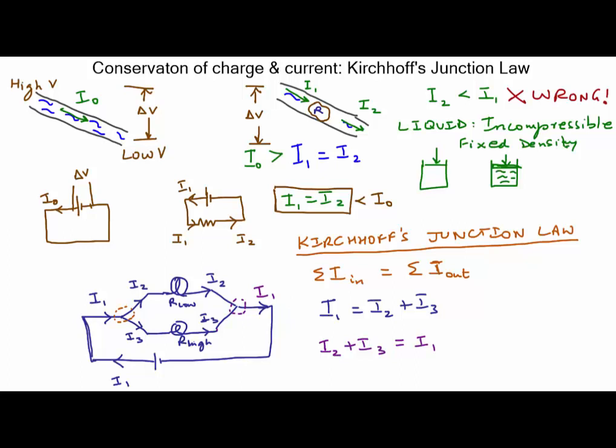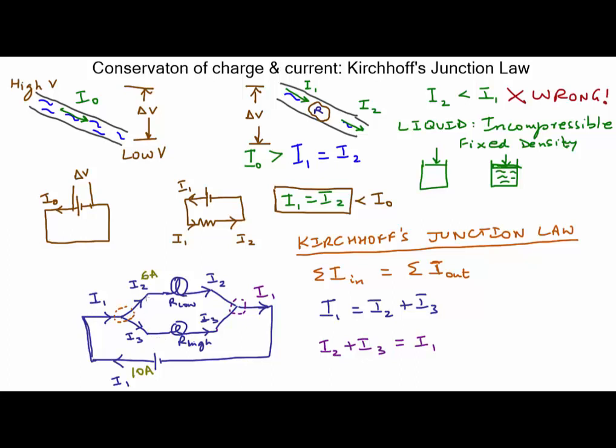To make up some numbers, just to give you a numeric feel for this, let's say the battery had 10 amps of current coming out of it. And because the top has a lower resistance, let's say more current went to it, and let's just make up a number and say 6 amps went up over there. If we know those two numbers, we can immediately determine the current in this bottom circuit.